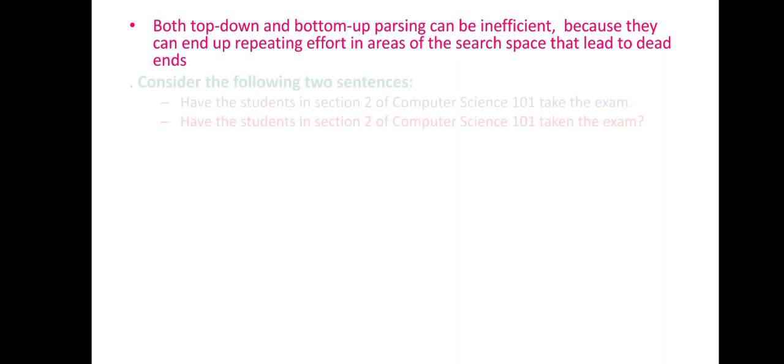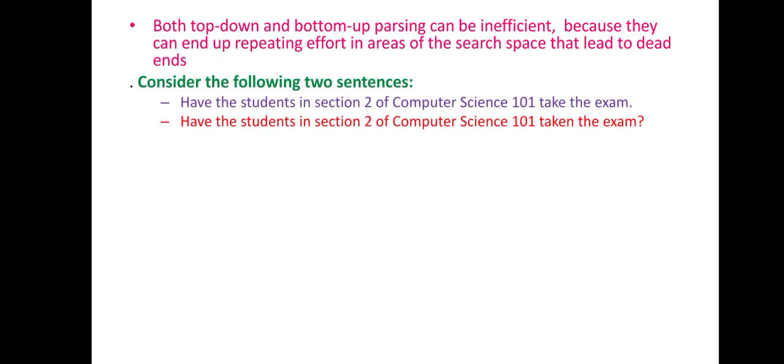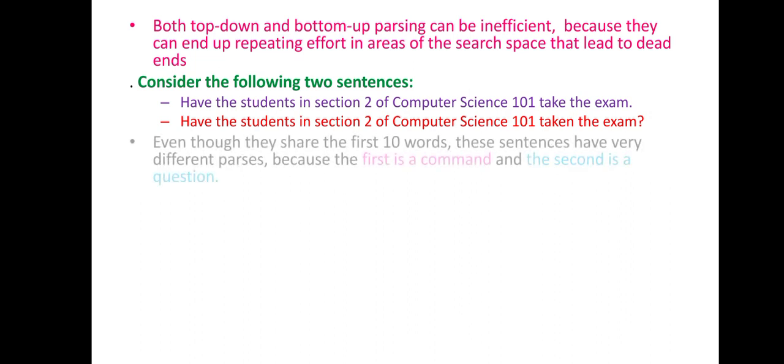Suppose you consider these two examples: "Have the students in section 2 of the computer science 101 take the exam." And a similar sentence: "Have the students in section 2 of the computer science 101 taken the exam?" with a question mark. In these two sentences, the first words are the same.